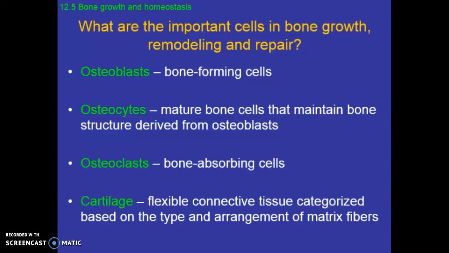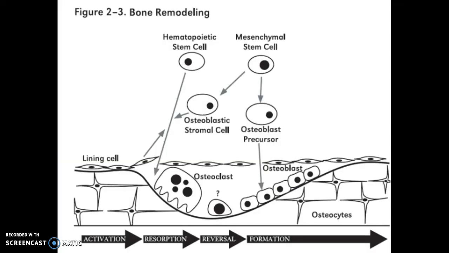These are going to be bone-absorbing cells. And then you have cartilage that is important because it's going to be the flexible connective tissue that is going to be on the exterior of the bone to help with maintaining structure and also maintaining some of those joints.